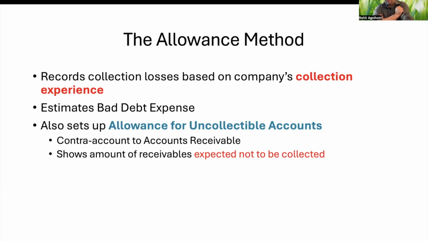Now, what is the allowance account? It's basically a contra asset account. What is contra? Contra is something that contradicts, something that goes against something. This account is going against the balance of accounts receivable, telling you how much of this accounts receivable you will not be able to collect.